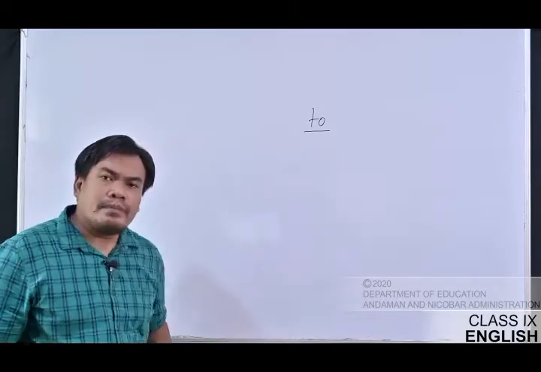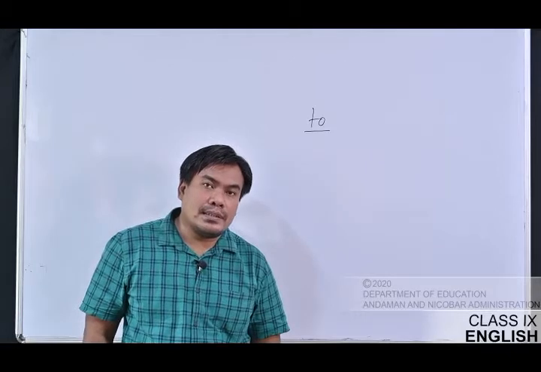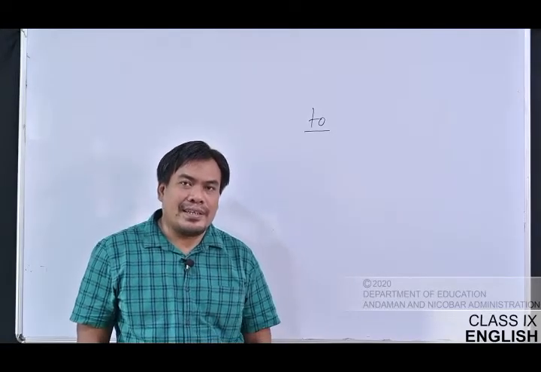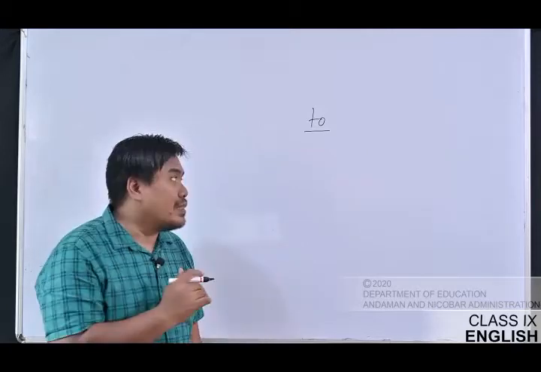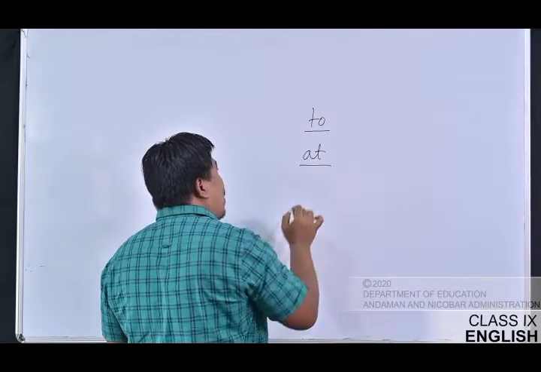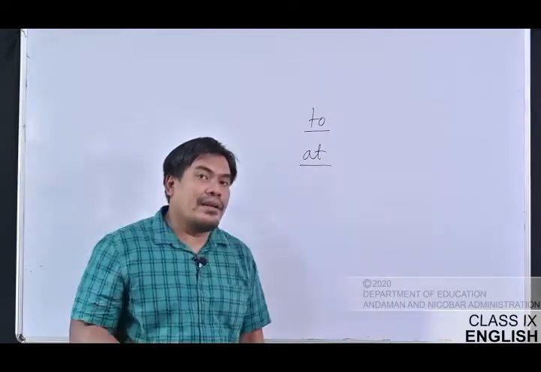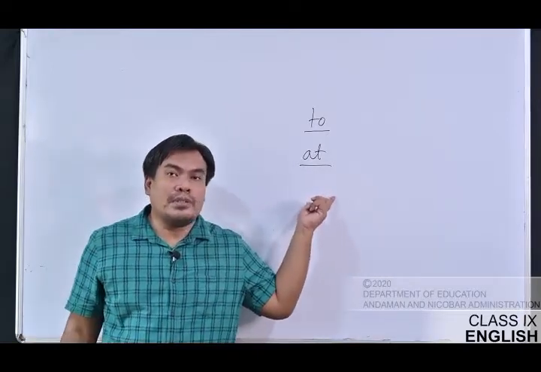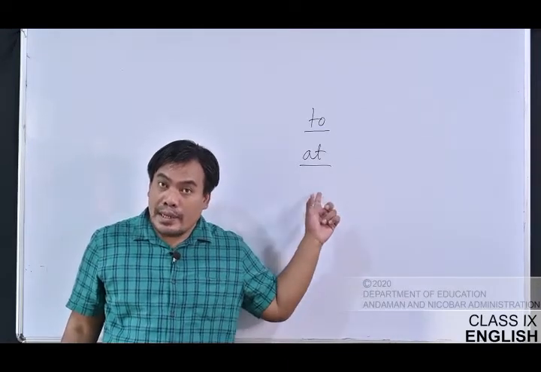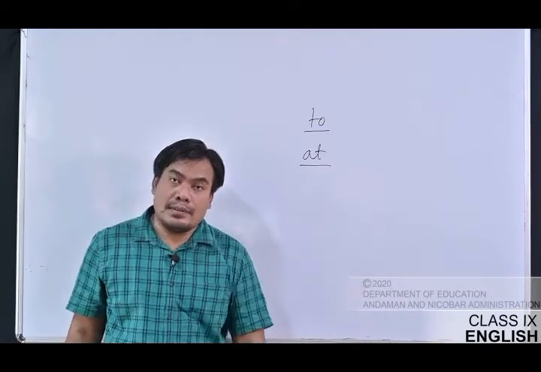The next one, they play cards. It looks okay to you, but it's not actually. It doesn't make complete sense. You have to write at. And where you have to put this preposition over there. They play at cards. Okay, they play at cards.